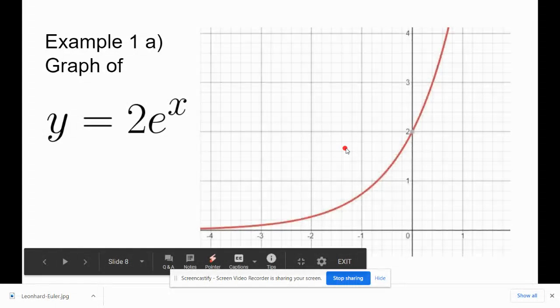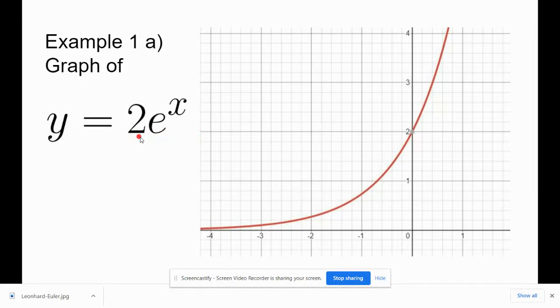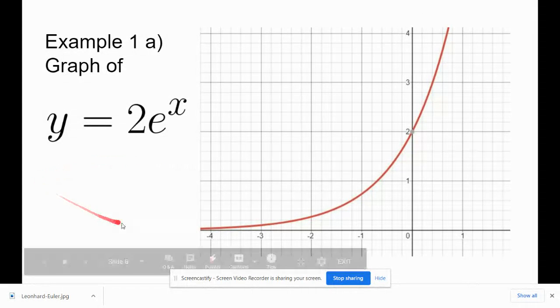So let's just tap and see. Nope, I typed the wrong equation in here. I typed 2e to the x. So that is not the equation that is shown on your notes. You could change your equation to say y equals 2e to the x, since that's what I have pictured here.